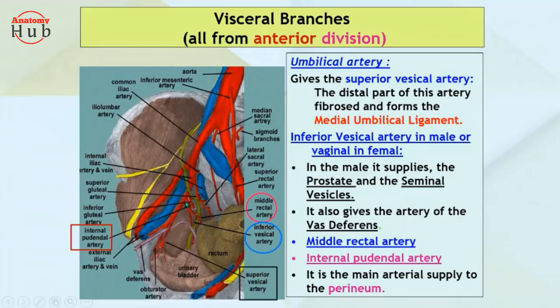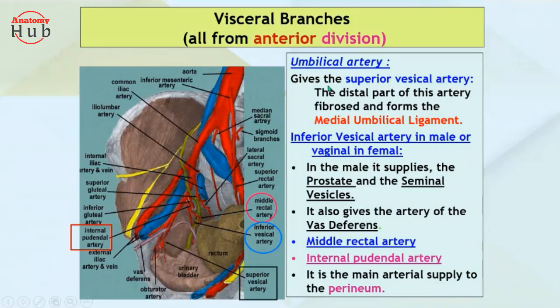And from this anterior branch you can see the branches to your obturator canal, and the branches to the urinary bladder: the superior vesical artery and the middle and inferior vesical arteries. They are the branches towards the urinary bladder. Vesical means urinary bladder, right? So here you'll find the umbilical artery.